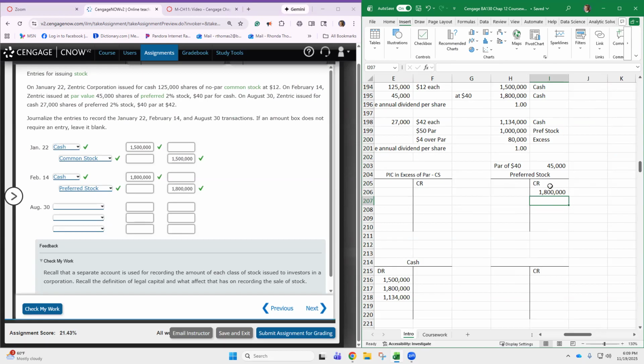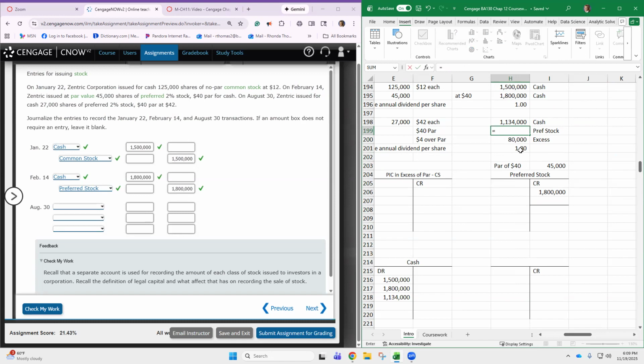When cash comes in, we want to be careful now. We cannot put stock in here for anything more than the $40. So we've got to figure out how much. Once again, $40 is the par. What is $40 times 27,000?